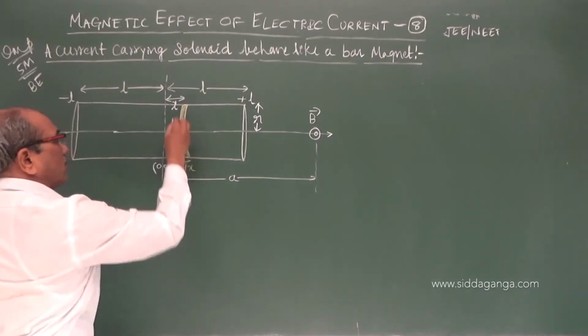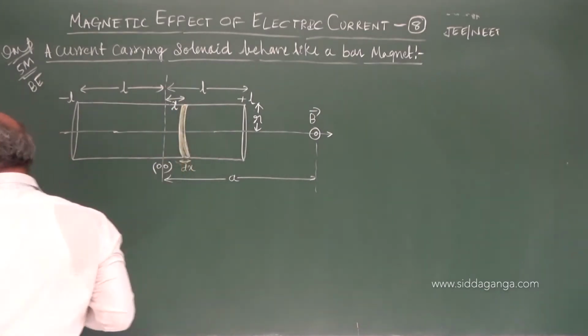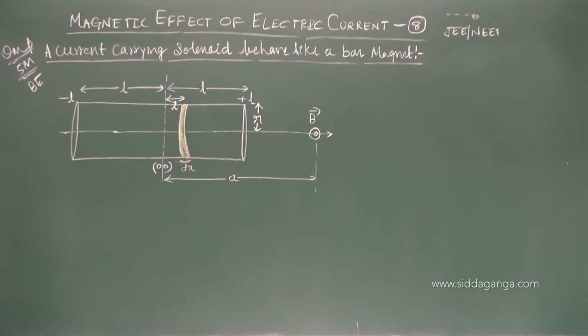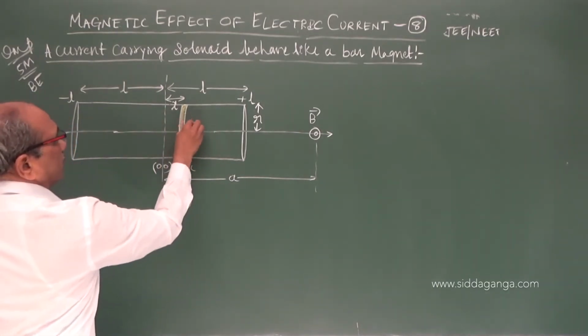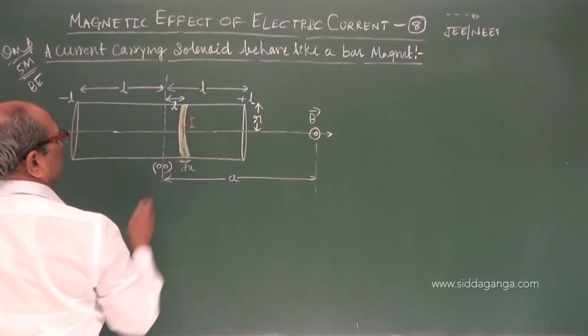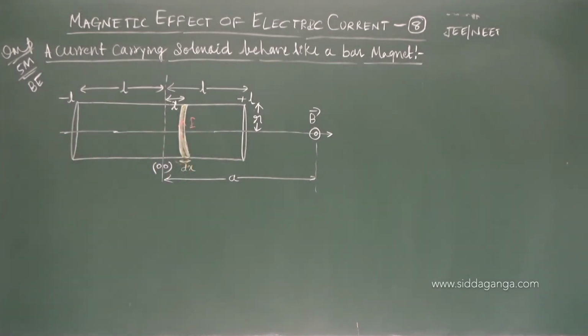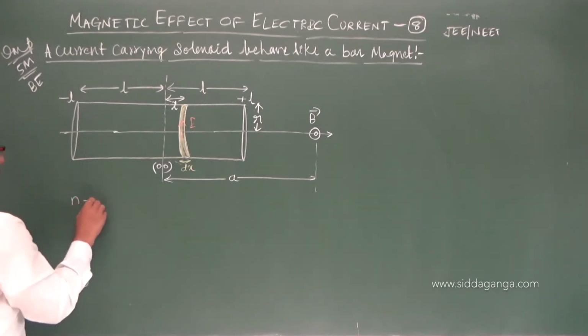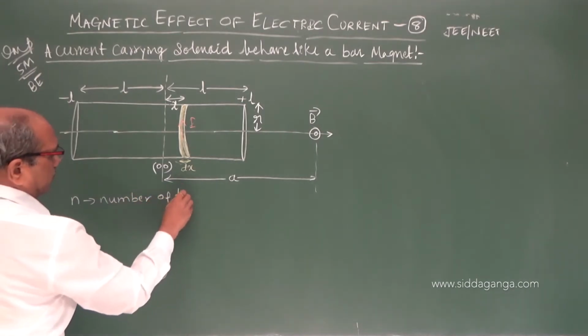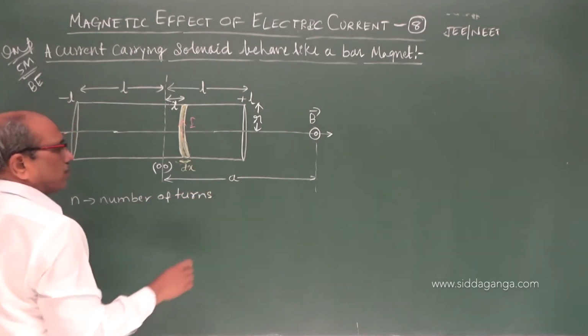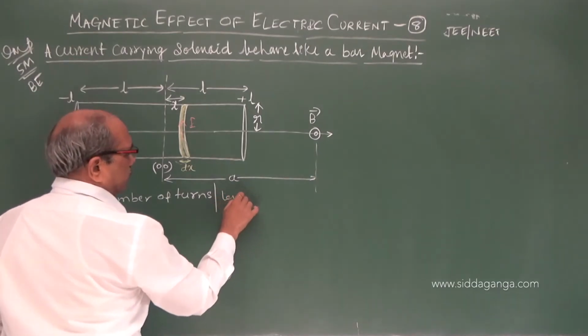Current in each turn is I. Let n be the number of turns per unit length of the solenoid.